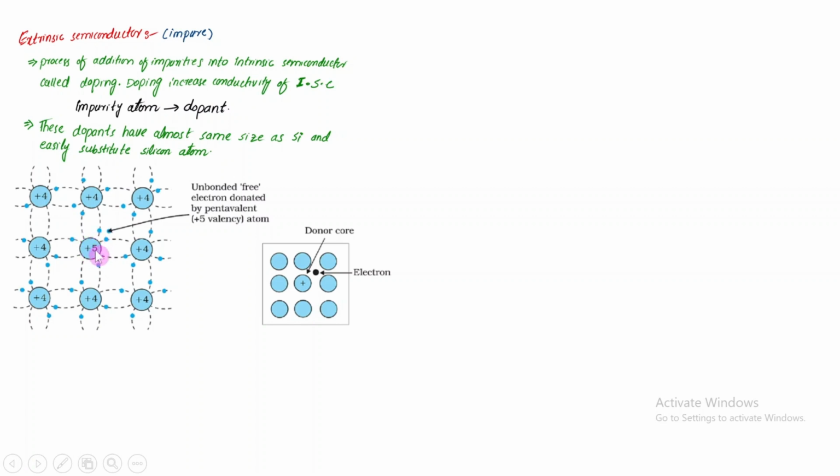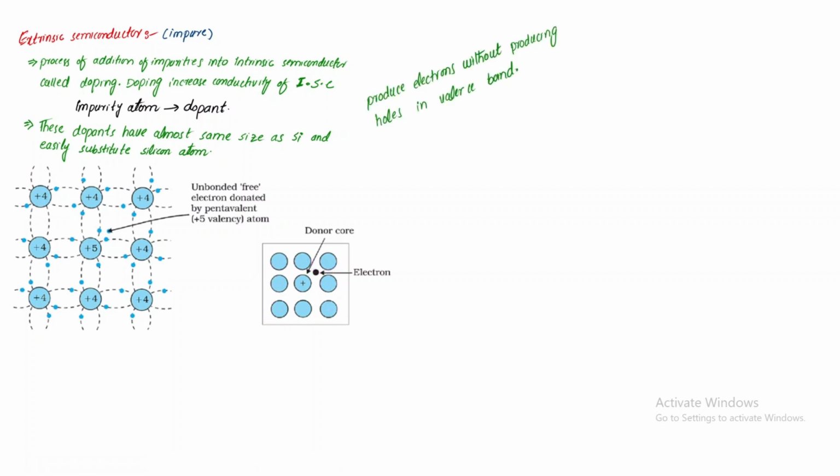Before adding, this dopant has 5 valence electrons. Now 4 of them are shared and 1 is still free, so we call this element a donor core. On top of it the positive charge appears, and therefore we call it a donor core, and this is the free electron. And these all are the silicon crystal.